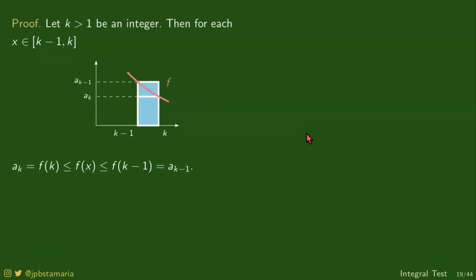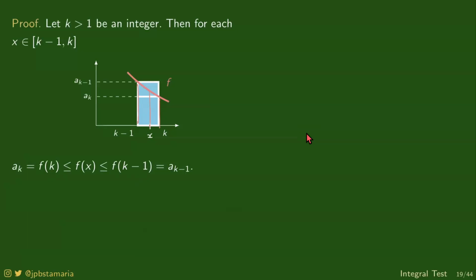Ang pinakamalaki yung f of k minus 1. Pinakamaliit ay yung f of k. Kung ano man yung x mo dyan sa gitna, nandito yung x eh. Di ba, pag drawing yung tatlong vertical lines na yan, ang pinakamalaki palagi ay si f of k minus 1, pinakamaliit ay si f of k, nasa gitna palagi si f of x.